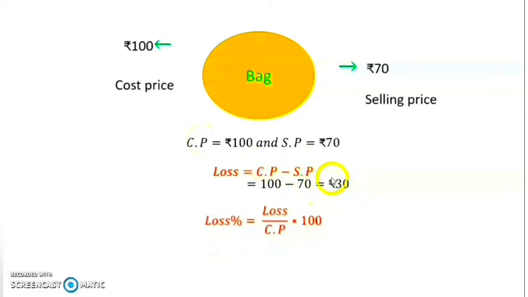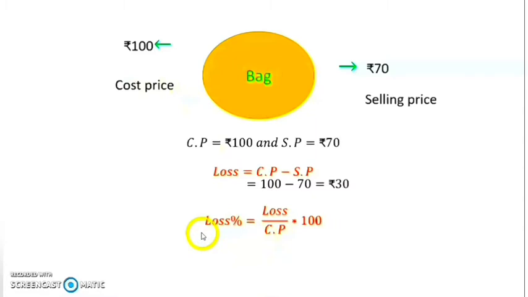Now this is in rupees. So like the profit percentage, you also have what is known as the loss percentage. And like the similar formula, you have loss percentage equal to loss upon CP into 100. Now many of you may have a question why there is always CP and not SP. Now note that the CP here is the cost price which remains fixed for that bag.